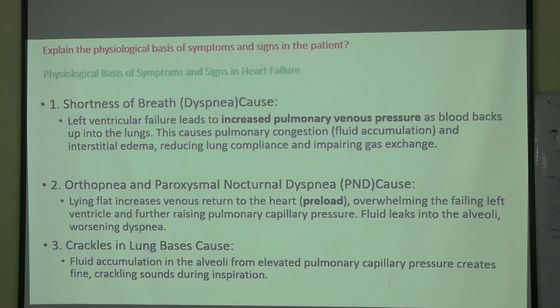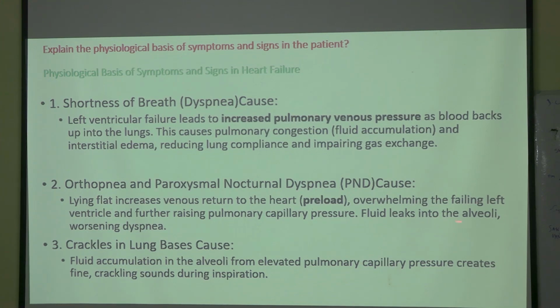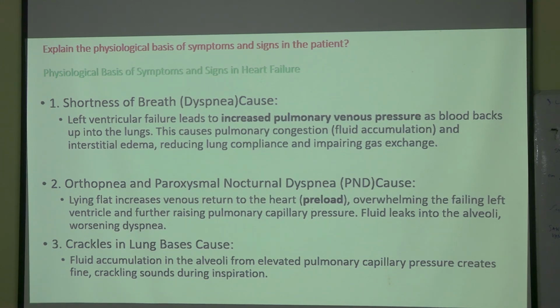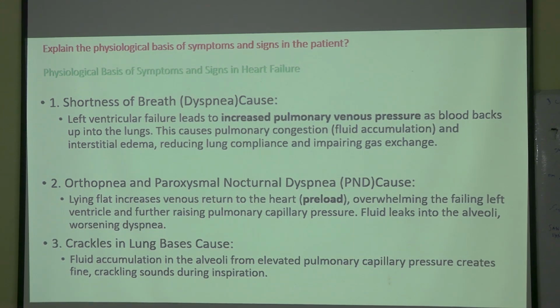Then nocturnal dyspnea. Here you can see increased venous return to the heart. This is the most important thing related to heart failure, overwhelming the filling of the left ventricle. As I mentioned in the definitions, two things are involved in heart failure: one is the abnormality in filling, and the other is ejection, right?